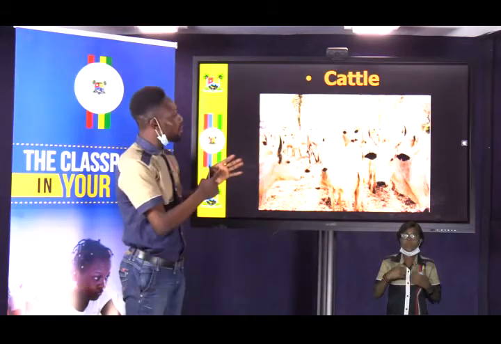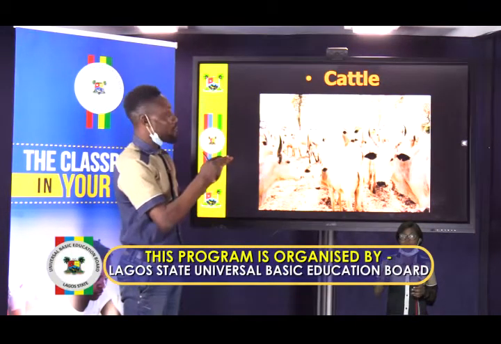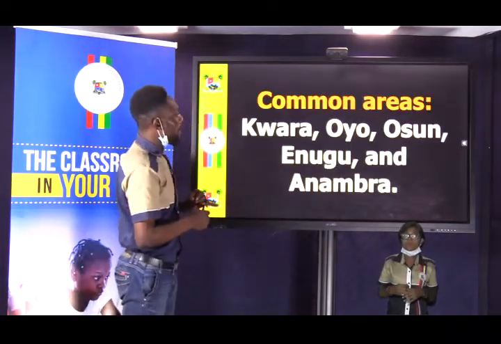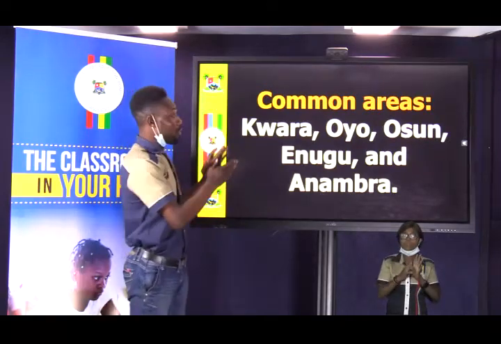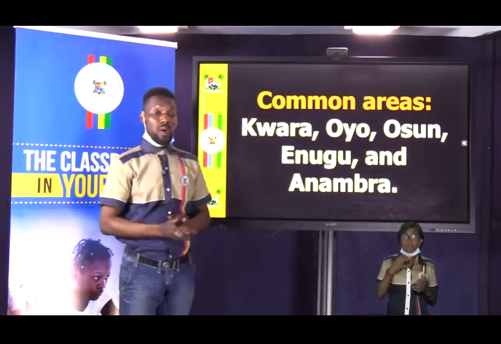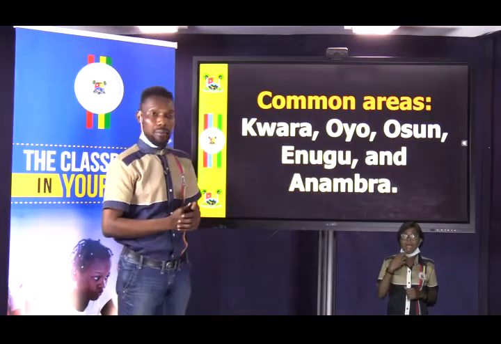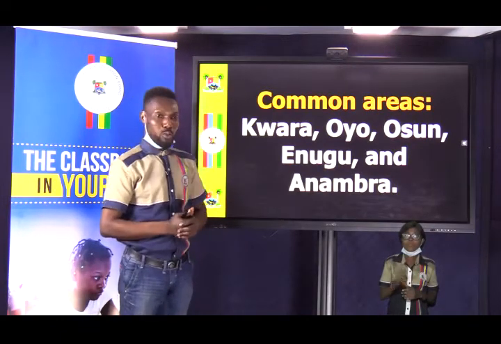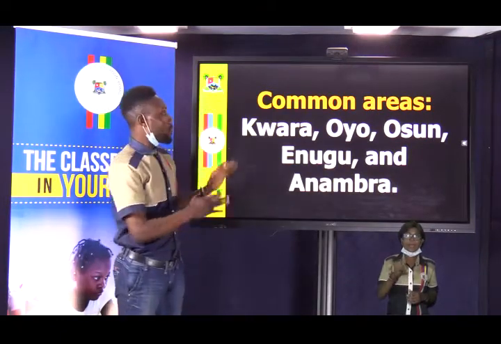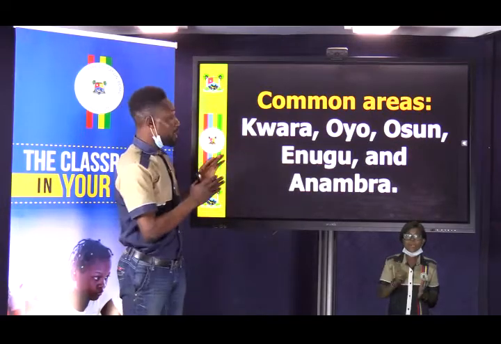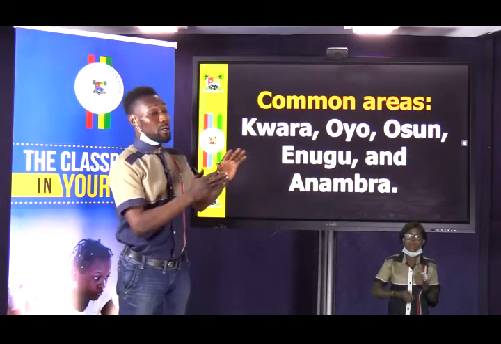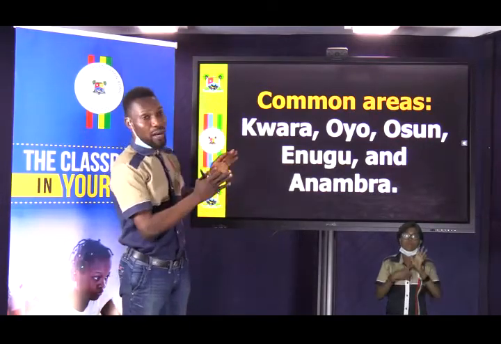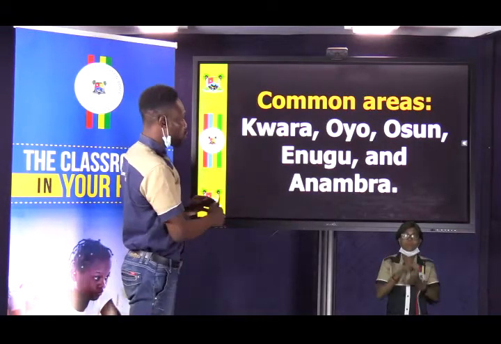Sheep, goats, and cattle are good examples in derived savanna. Then what are the common areas where we can get all this? Kwara, Oyo, Osun, Enugu, and Anambra. So these are the common areas where we mostly get animals like sheep, goats, and cattle, because we have the derived savanna in that region.